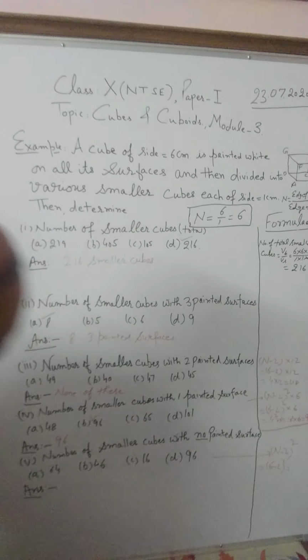So here A option is 64, B option is 46, C option is 16 and D option is 96. So out of these, our answer on solving comes out to be 64. So the correct option is A, that is 64.